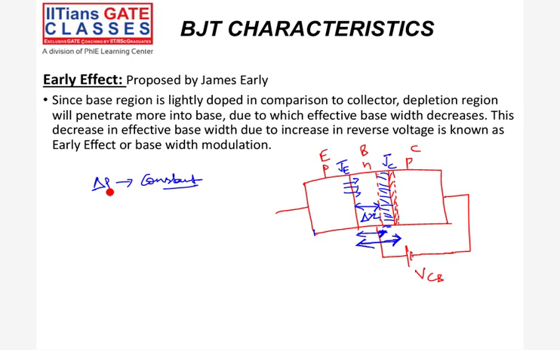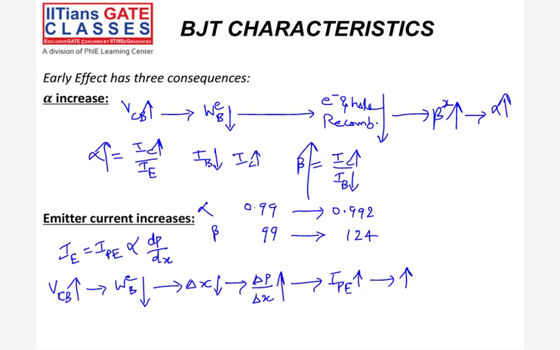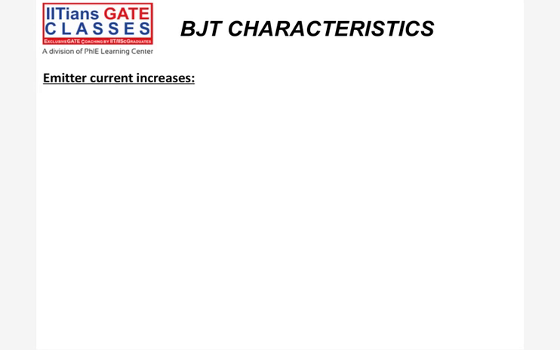But delta X is reduced. That is why delta P by delta X, the gradient, increases. So this will increase IPE. These things we can understand clearly. Any doubts if you have, you can ask now, later also. I think it is clear up to here.